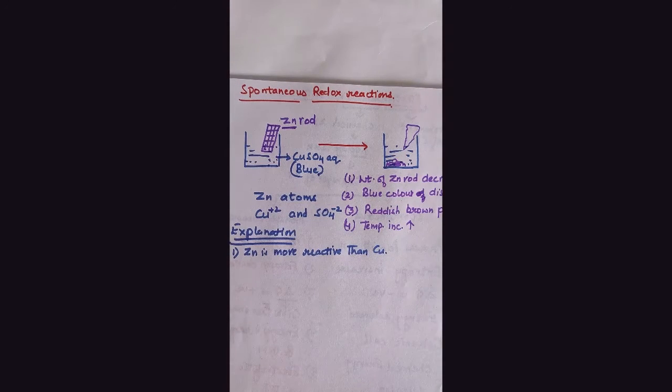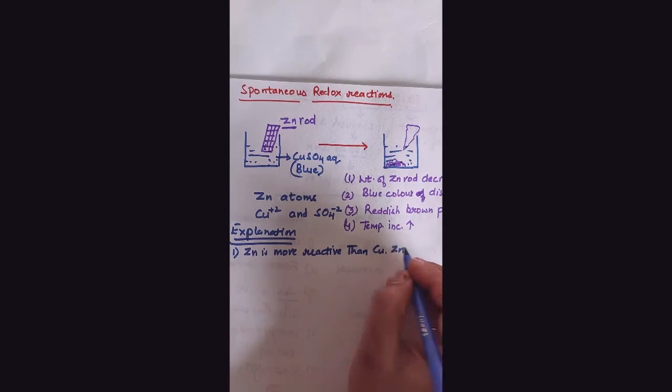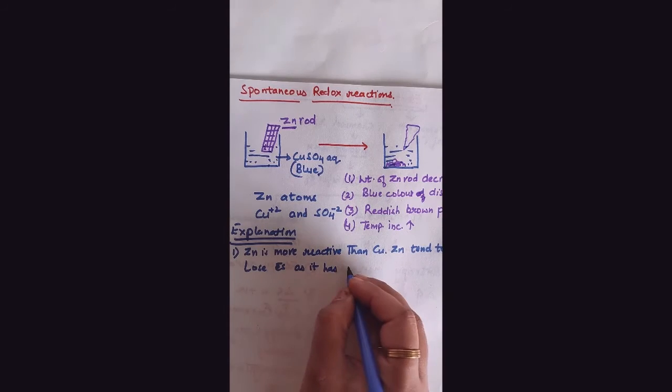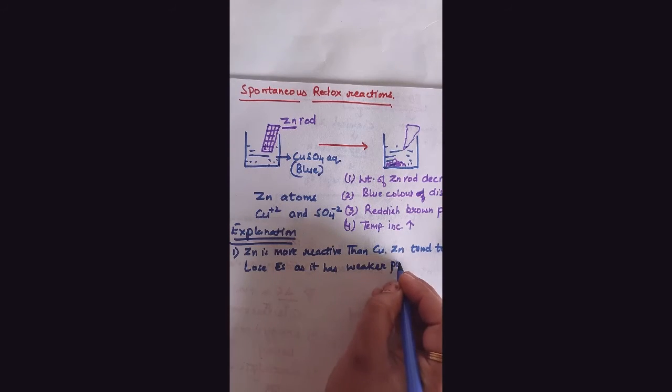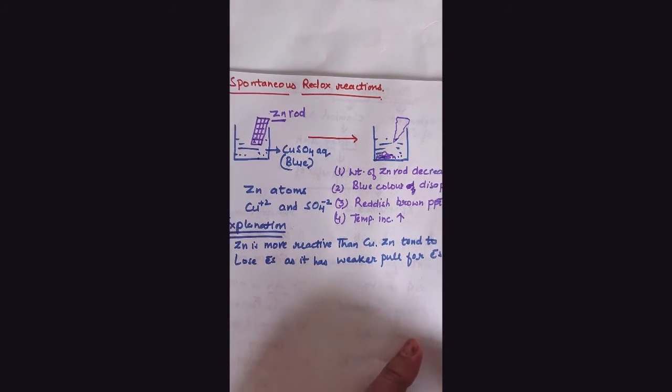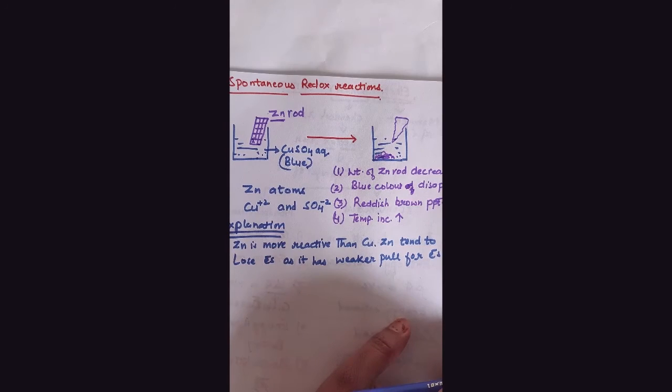So it has a stronger tendency to get oxidized. That means zinc has a weaker pull for electrons. So the zinc atom will tend to lose electrons, as it has a weaker pull for electrons.